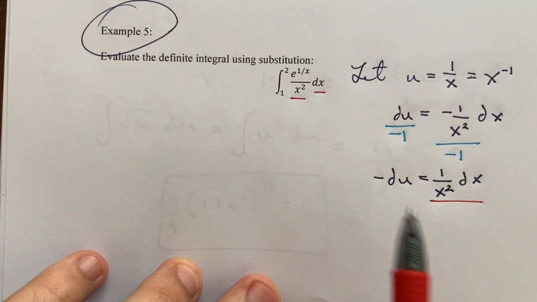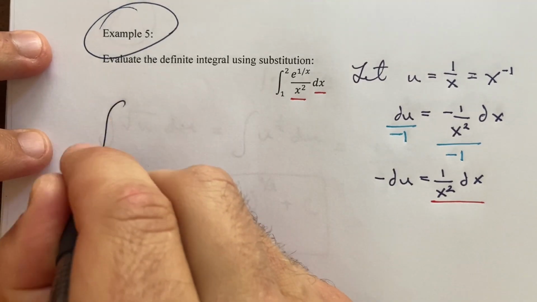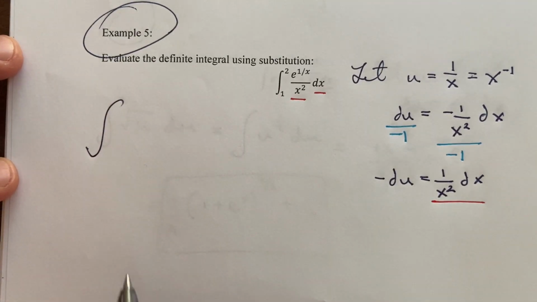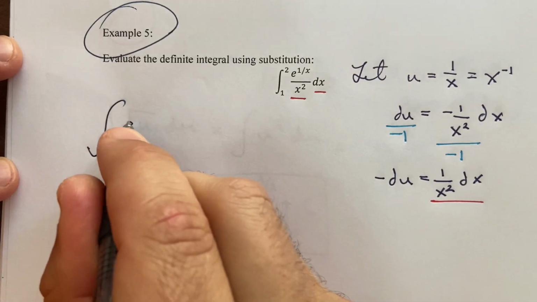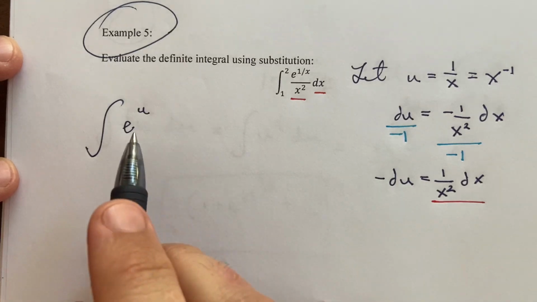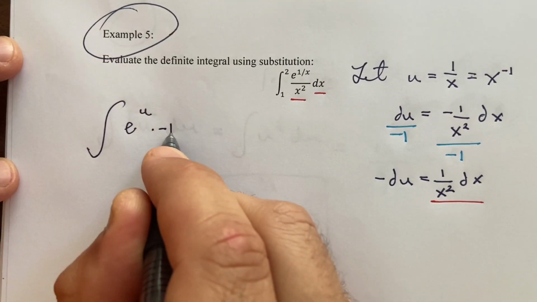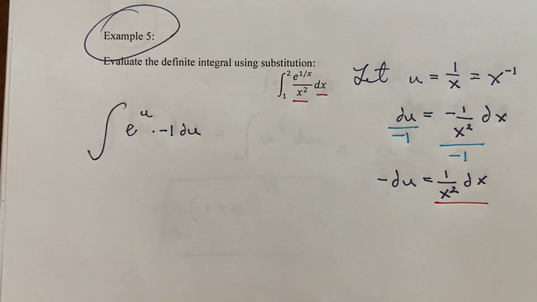The only thing I'll need to do is offset this by this negative. So I'll have e to the u. Everything else is gone except I need a times -1 du.